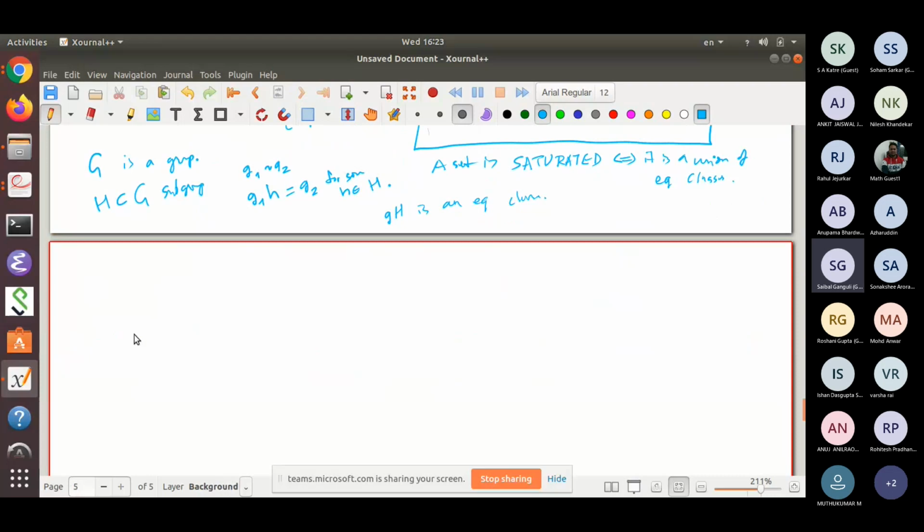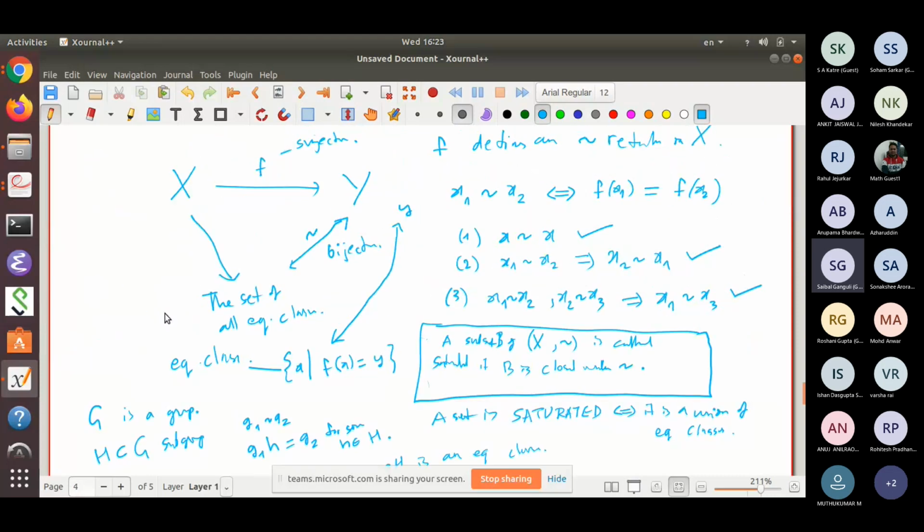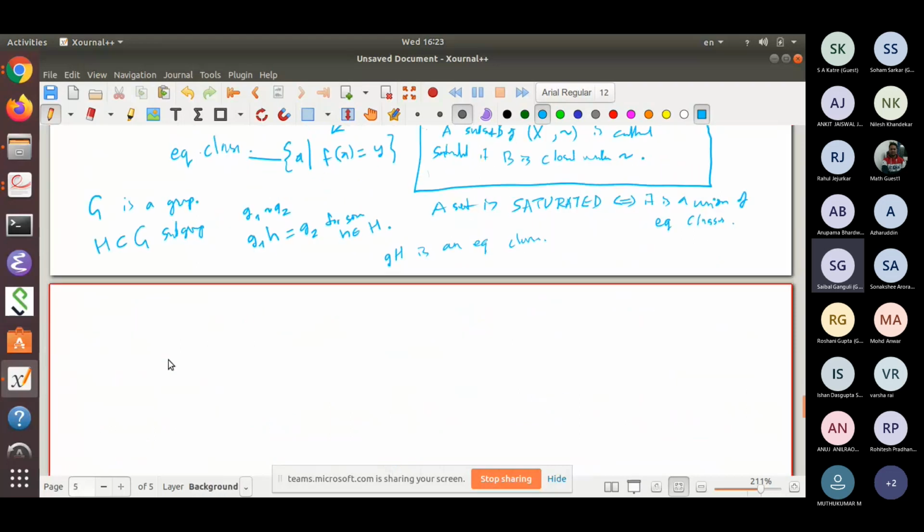Now I want to make a construction of quotient.